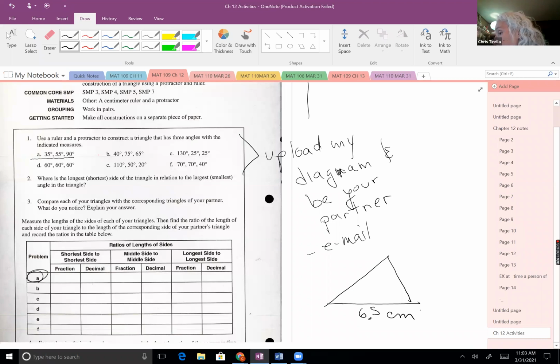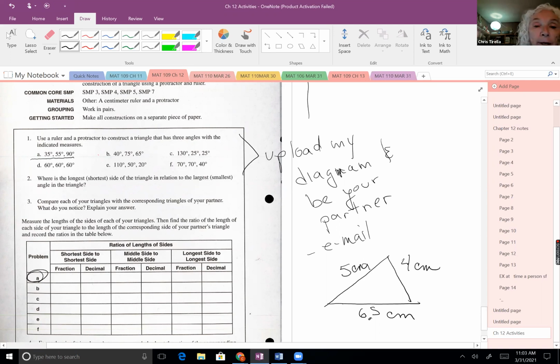I'm trying to look up what they sent me. Give me a minute. Their shortest side was 4 centimeters, and their middle side, for lack of anything else, was 5 centimeters.